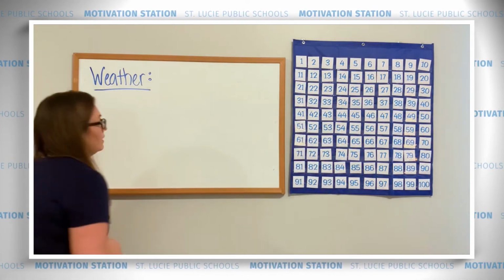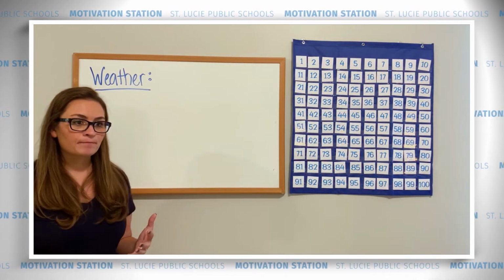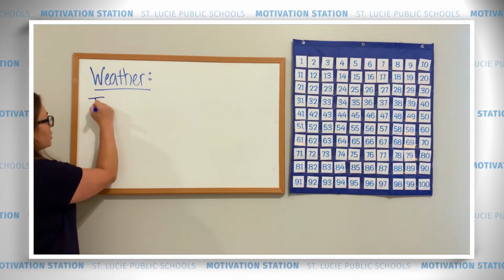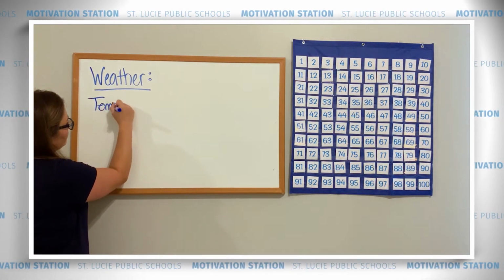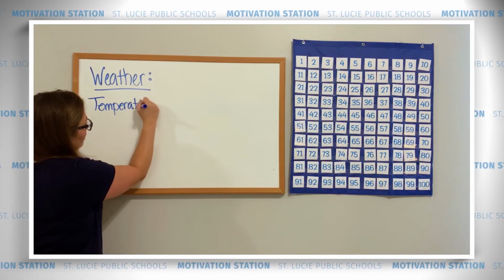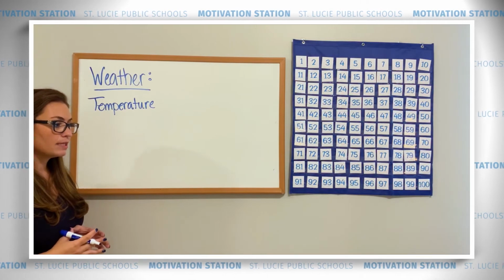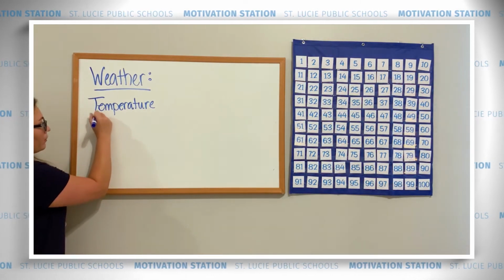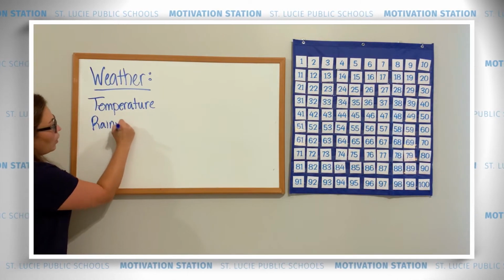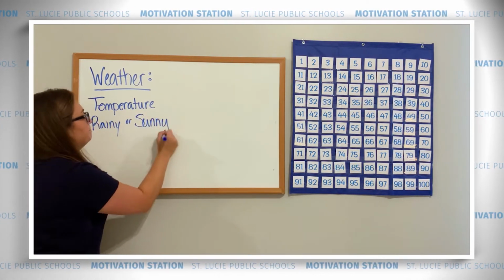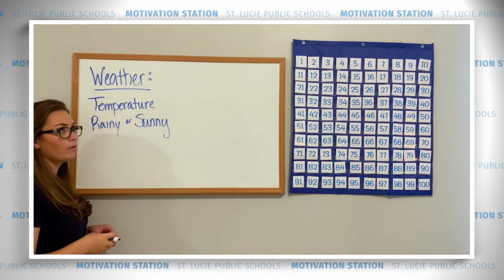Let's think. When I think about weather, I think about hot or cold, so I think about what the temperature is going to be. I think about if it's going to be rainy or sunny. What else do I think about with weather?